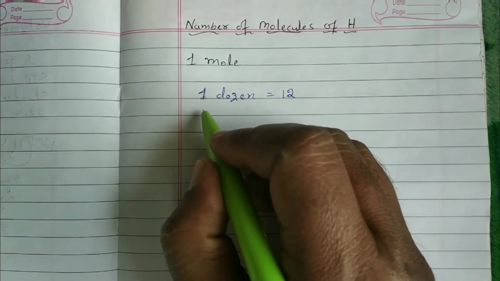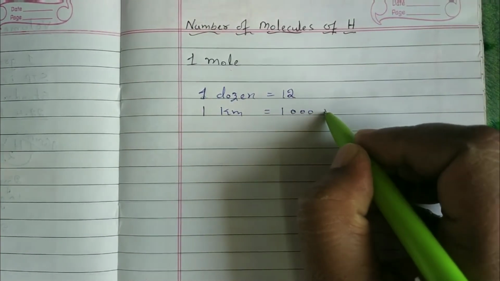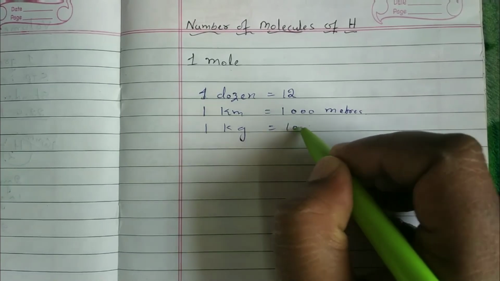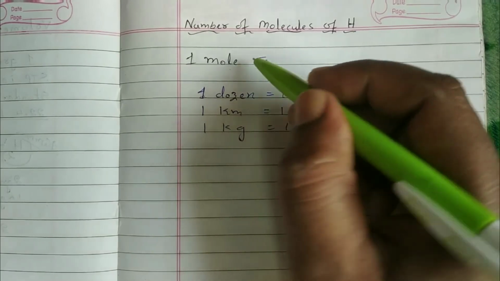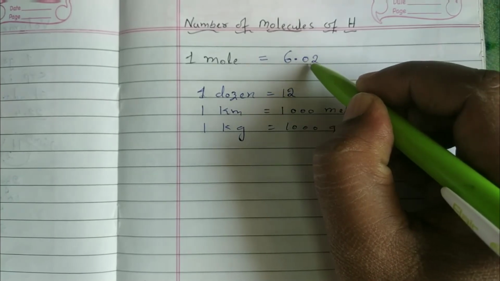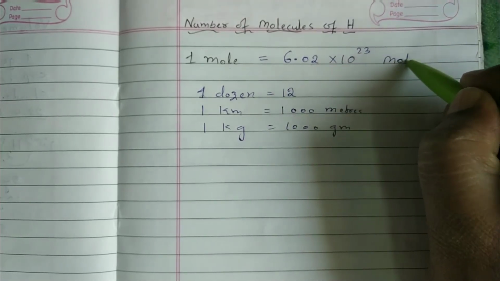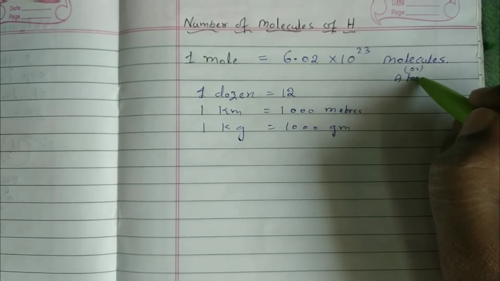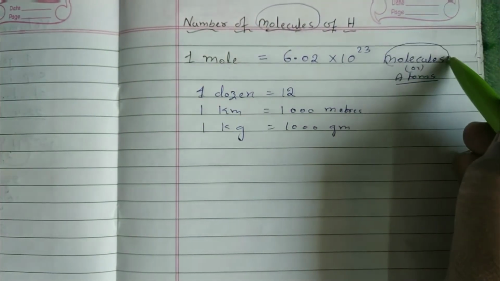So similarly, if I say 1 kilometer, 1000 meters, 1 kg, 1000 grams. So similarly, 1 mole is equal to 6.02 into 10 to the power of 23 molecules. So it can be molecules or atoms. Here remember that we are finding out molecules, so that's why I have written molecules.